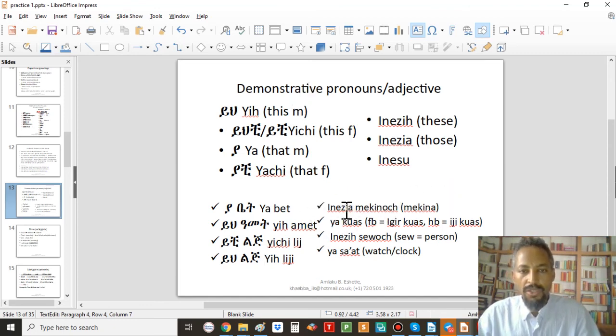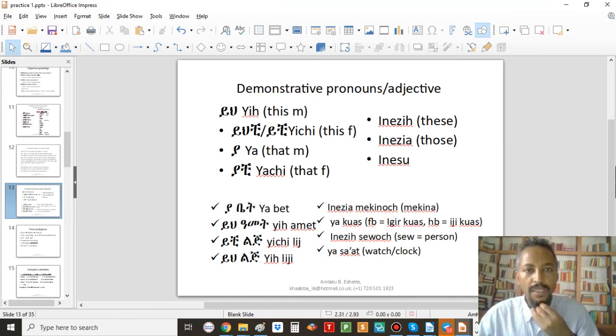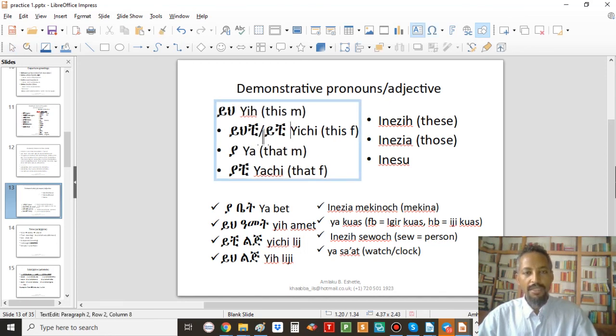Nazia Mekinoch. You can write, well, I think this will be too long for you now to go writing the Nazia Mekinoch, because it has pluralization, all those. But just because I assume that you studied the alphabet, you can start studying reading the Amharic.